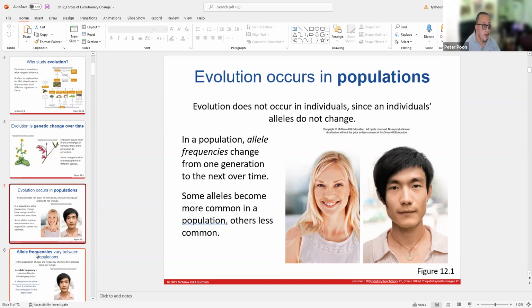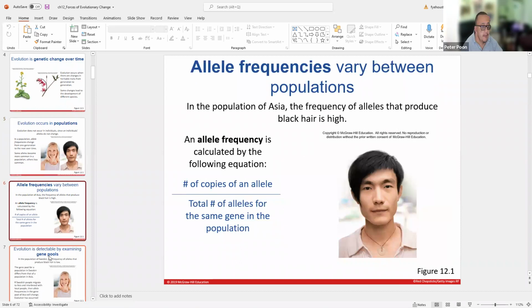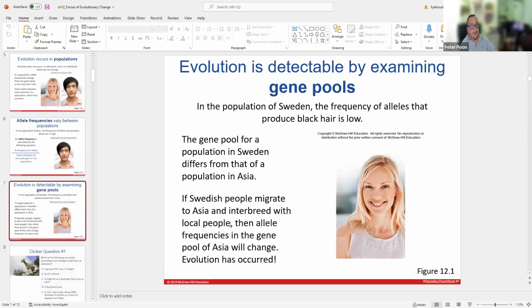Some alleles become more common in a population, others less common. This one's pretty easy. Allele frequency is calculated by the following equation: the number of copies of an allele divided by the total number of alleles for the same gene in the population.